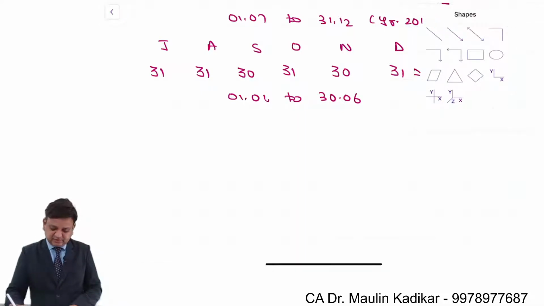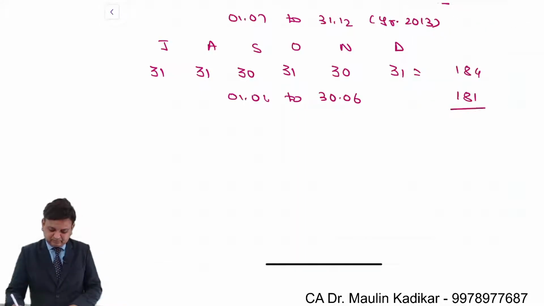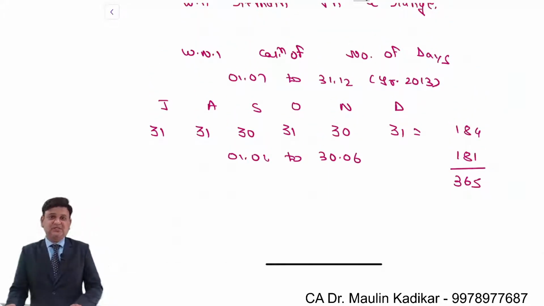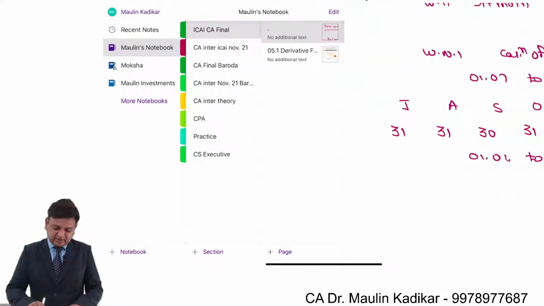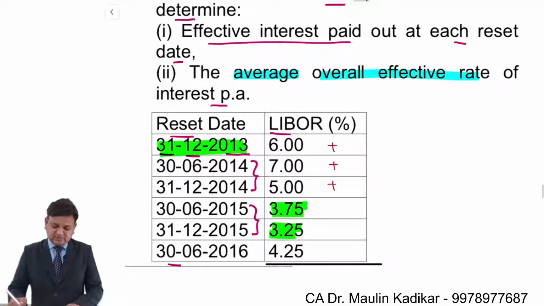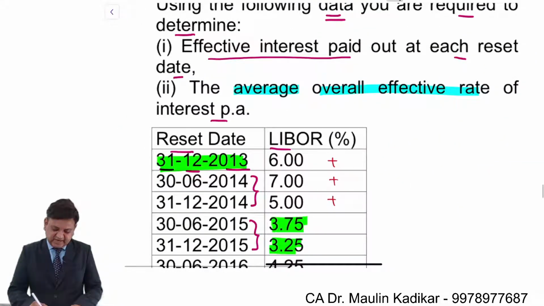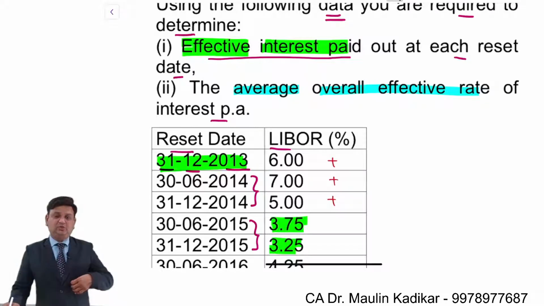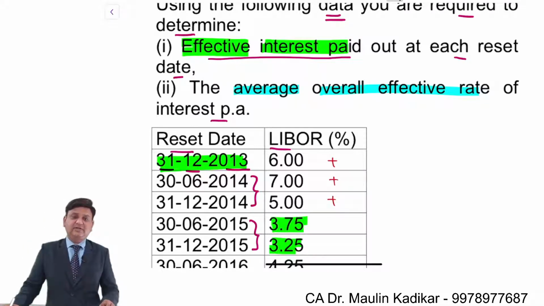That is the balancing figure. Because over here the language of the question is very clear. Let's say we are required to make the computation of the interest paid at each reset period. Effective interest paid means we are required to take into account the amount that we are going to receive due to cap purchase, the amount of the interest that we have to pay because of the floor sale, and with that we are required to find the effective interest.